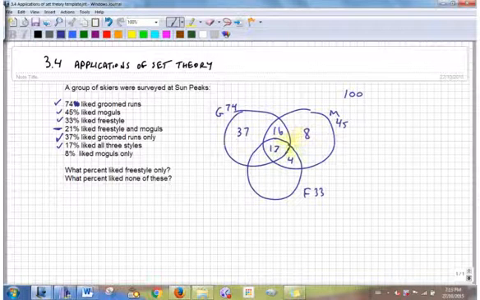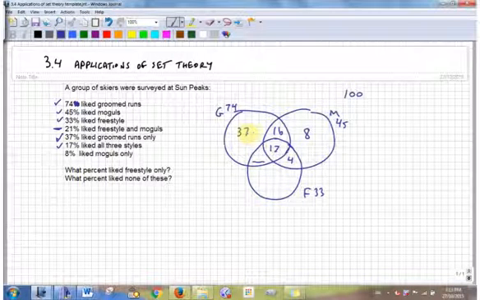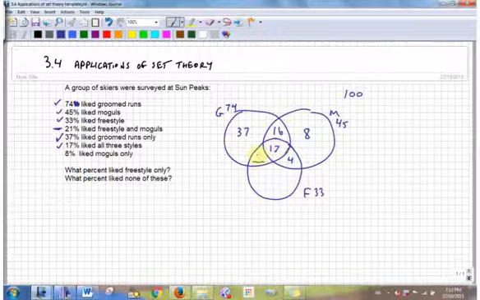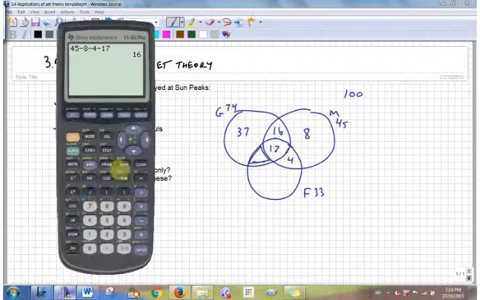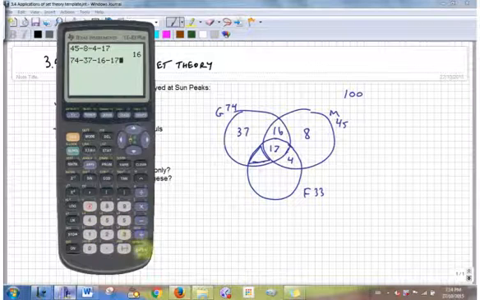All right, now I still can't get this, but what I can do now is find what this guy is, because if that's 37, that's 16, and that's 17, with this intersection, it has to add up to 74. So let me do the same thing. 74, take away 37, take away 16, take away 17.